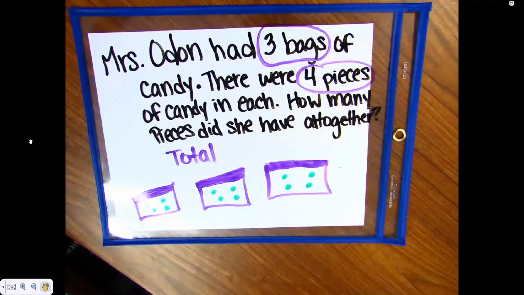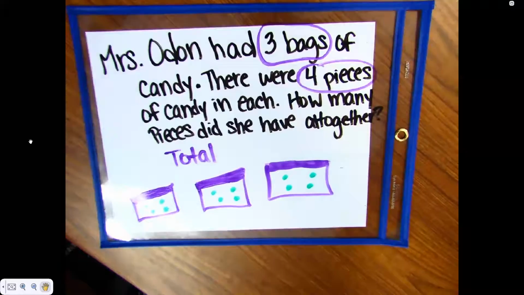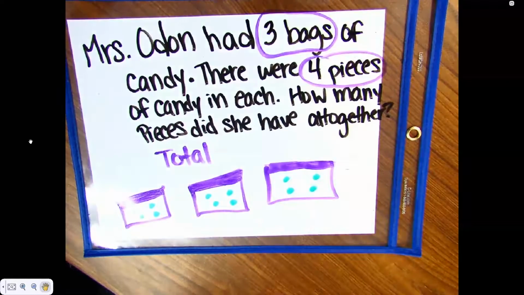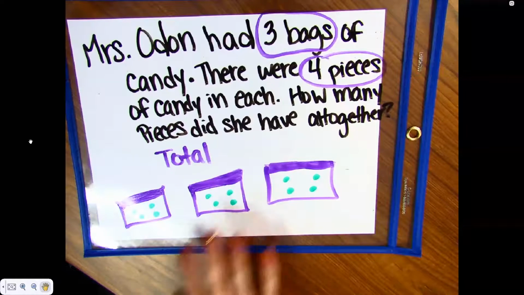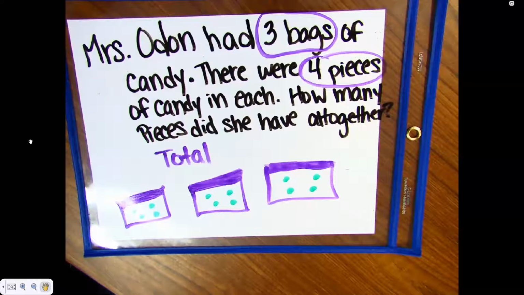So if she has 4 in each one, I'm showing you equal groups right now, right? So what is my multiplication sentence that goes with this problem?